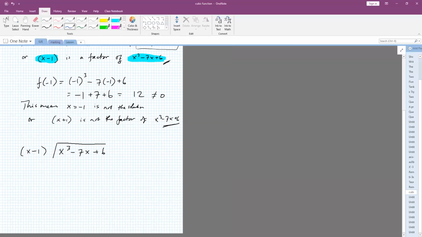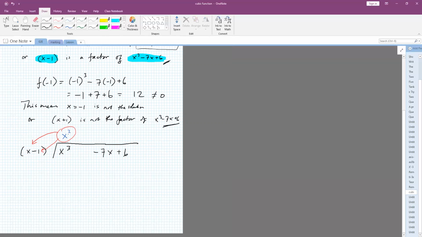First we divide x cubed by x, and that gives you x squared, right? Now you multiply this x squared by this term and also this term. I'll move this a bit further here.